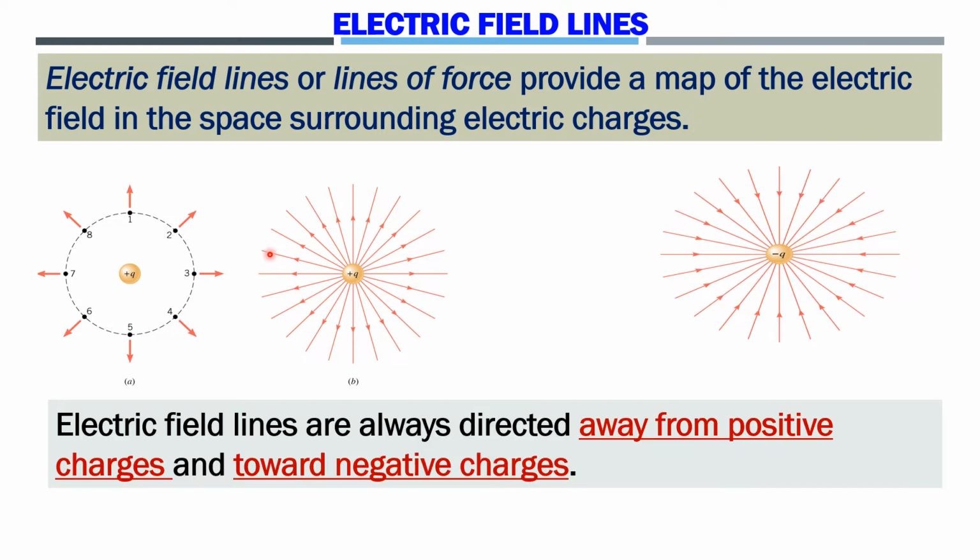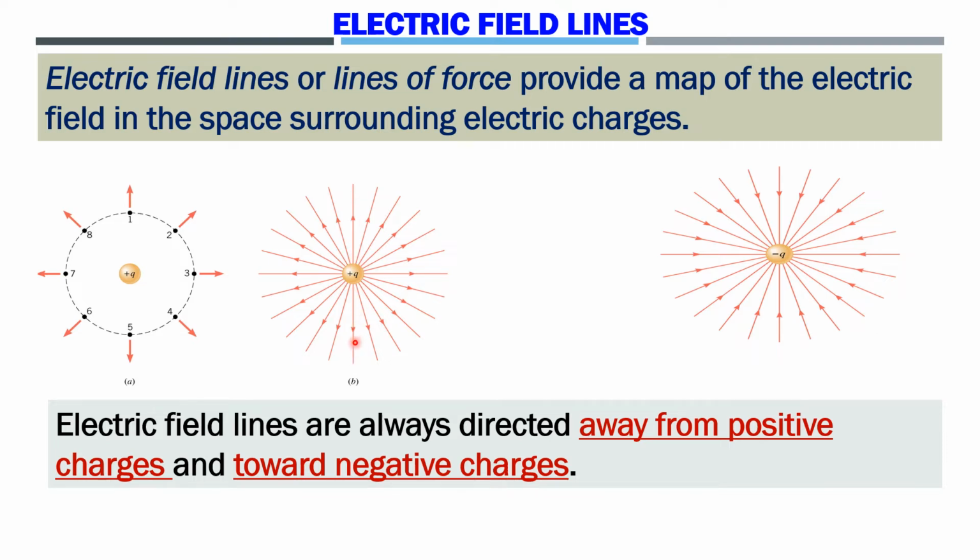The direction of the electric field lines also depends on whether the center charge is positive or negative. So what are the directions of the lines of force? When the center charge is positive, we say that the electric field is directed away from the center charge. So at any given point, for example, at this point, it is upward.